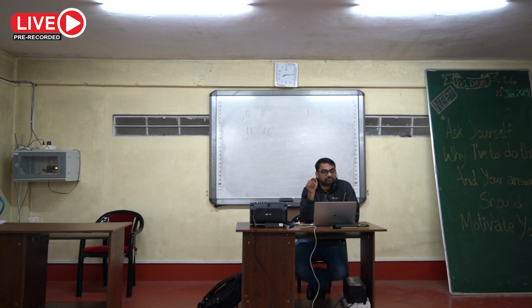Counter hormone for calcitonin is parathyroid hormone or parathormone. Increases blood calcium. Which of these two hormones, calcitonin and parathormone, when hypersecreted cause osteoporosis?